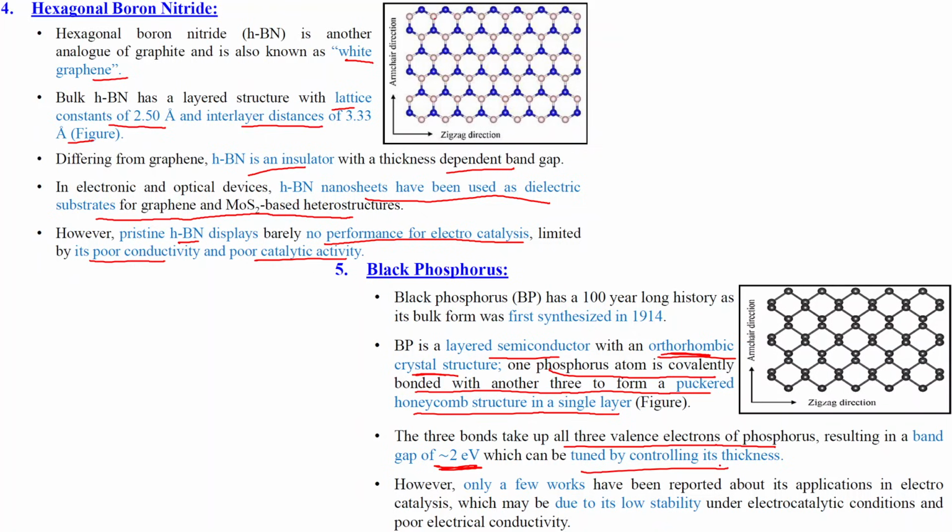So basically you can modulate its band gap also by controlling its thickness. Okay. So only a few works have been reported about its application in electrocatalysts due to its low stability under electrocatalytic conditions and poor electrical conductivity.